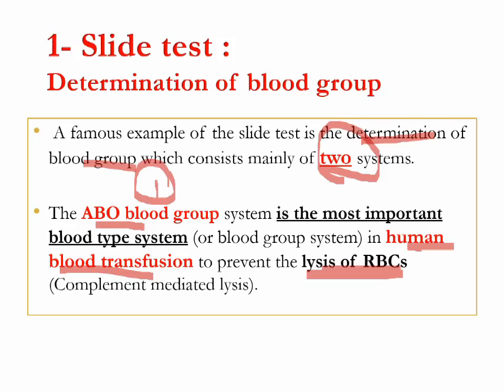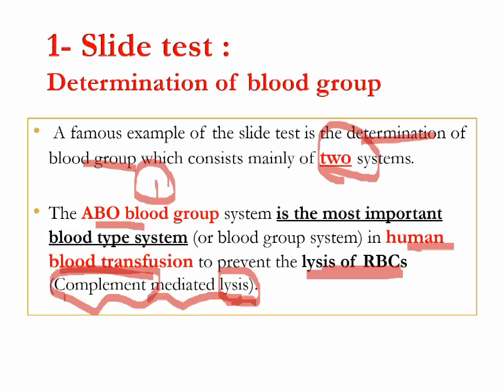And the lysis of the red blood cells, or the hemolysis of the red blood cells, is called complement-mediated lysis, which means that the lysis of the red blood cells occurs with the help of a protein which is called the complement protein. The complement protein is found in your blood.